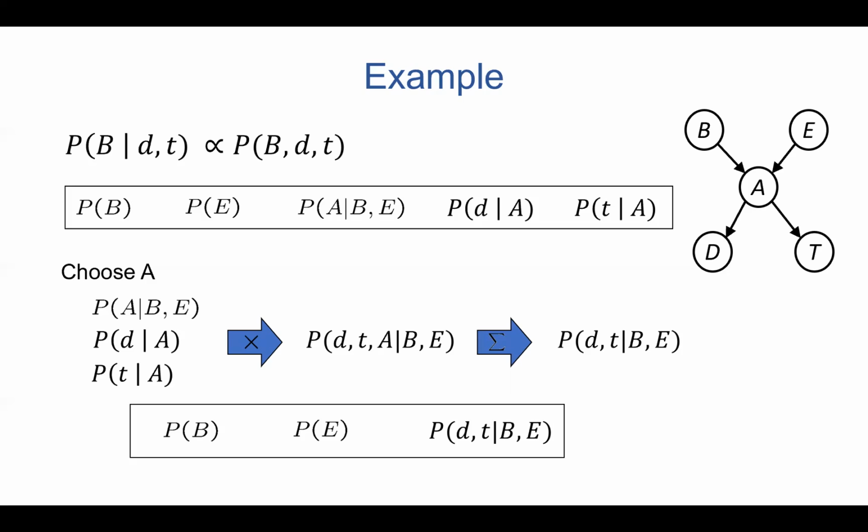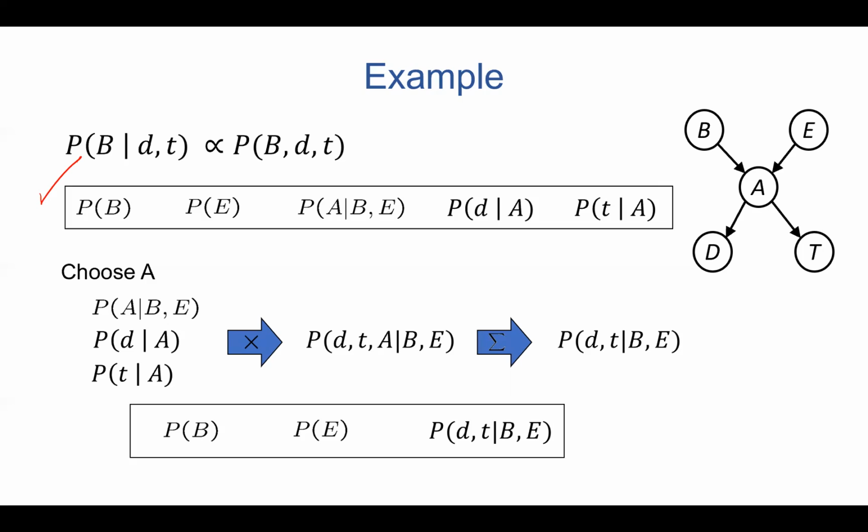We look at this query and find out all the factors that are involved within that probability distribution. If you look at P of B and T, it has all these variables that are within this box.